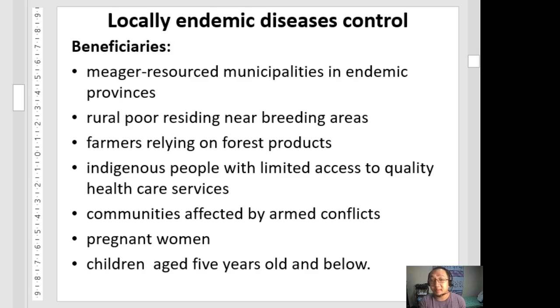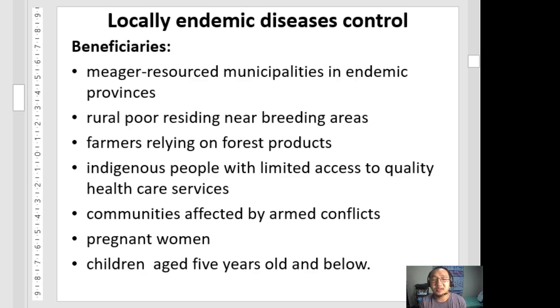Then pregnant women, as I mentioned, of an endemic place, they should be monitored also. They should be given extra care because malaria is a fatal disease, and can affect not only the mother but also the growing fetus or soon-to-be infant.